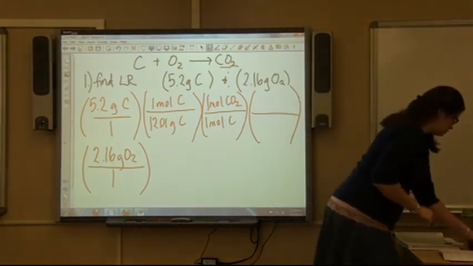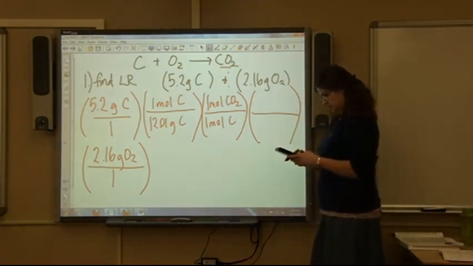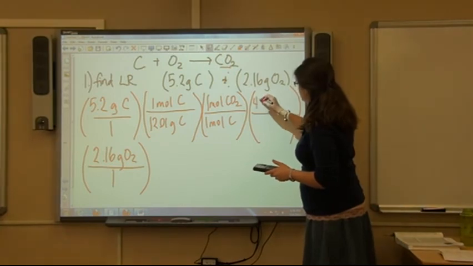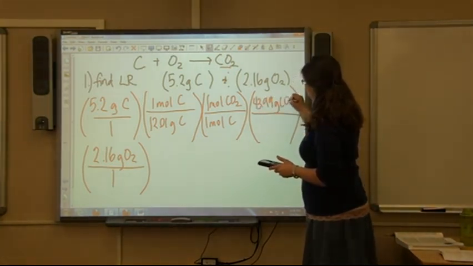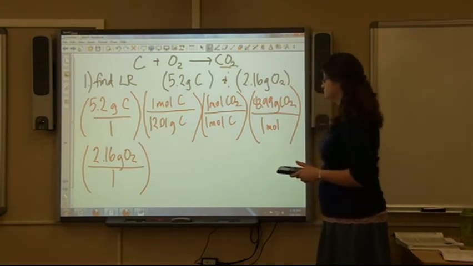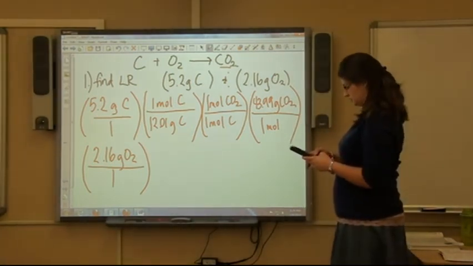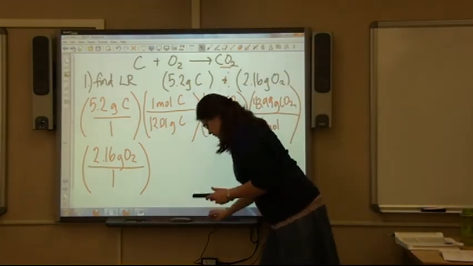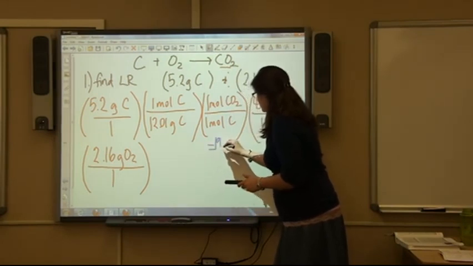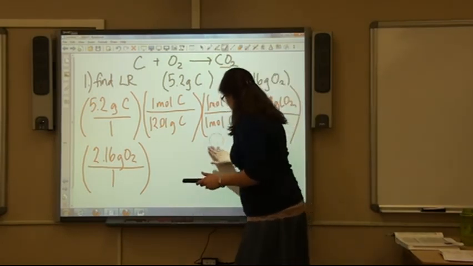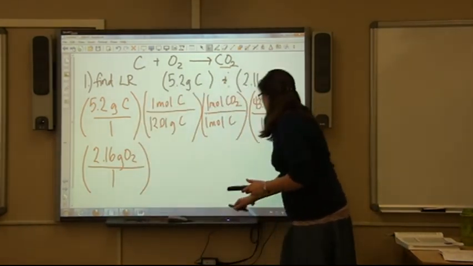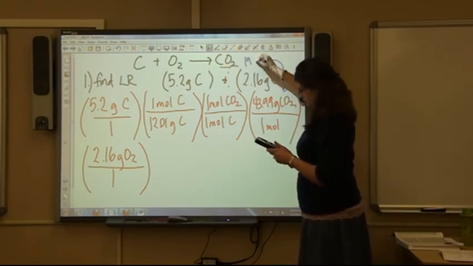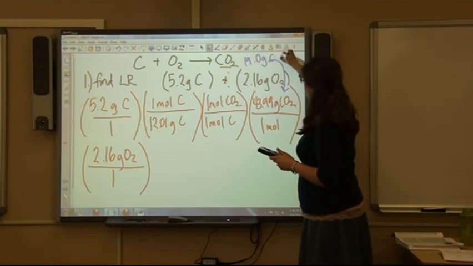And then the molecular weight of carbon dioxide is 43.99 grams per 1 mole. You should be able to do the math. And you get a yield of 19.0 grams of carbon dioxide.